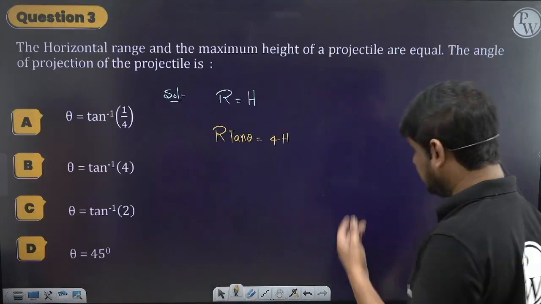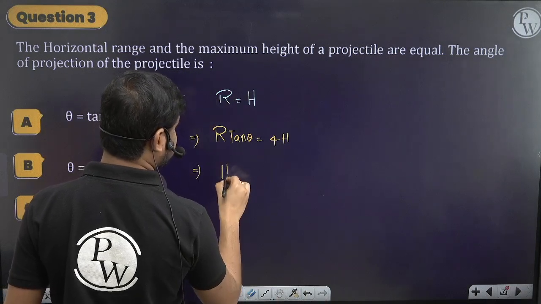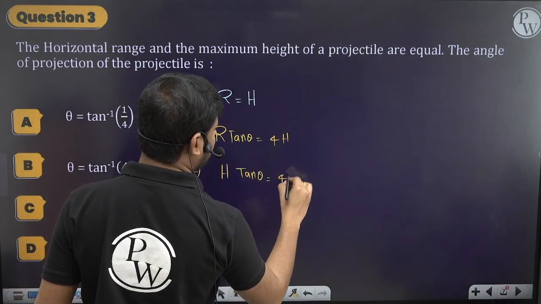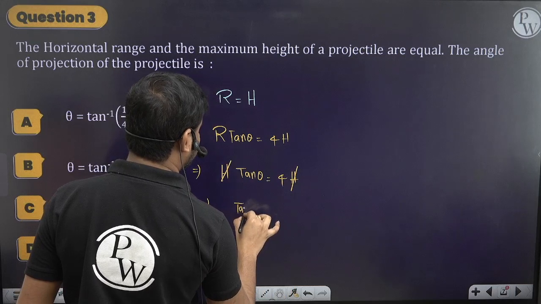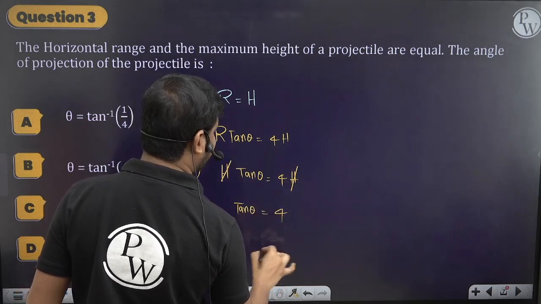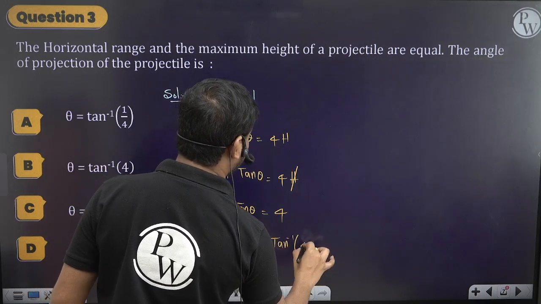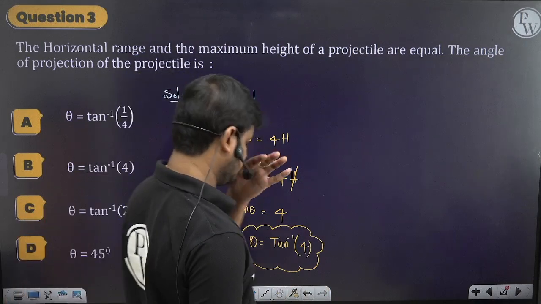So now from here, in place of r, shall I write h? So tan theta is equal to 4h. So here h cancels. So from here I can write tan theta is equal to 4. So from here theta is equal to tan inverse of 4.